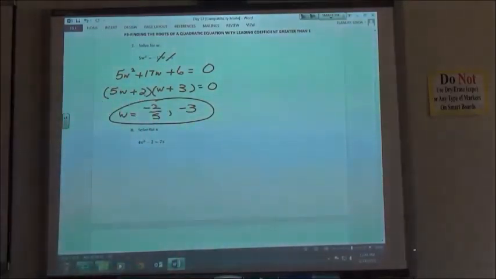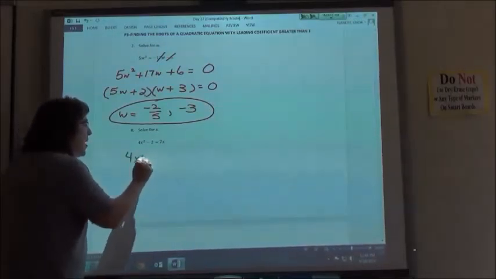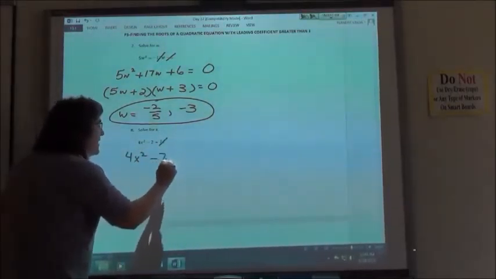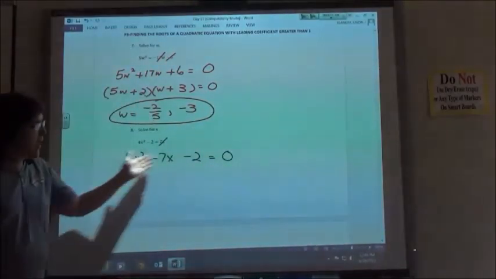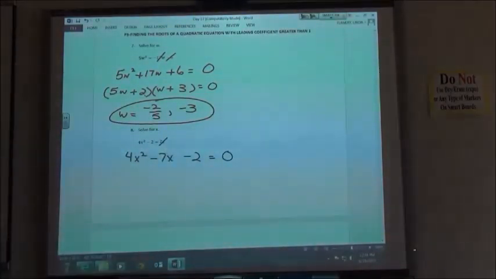So number 8, we want to solve that for x. When I move my 7x over to the other side, I have to make sure I put it in the right spot, so it's got to go in the middle. So 4x squared, that's going to become minus 7x, then the minus 2 equals 0, so that I have it in descending order with my squared term first, then my x in the middle, and my -2 at the end.